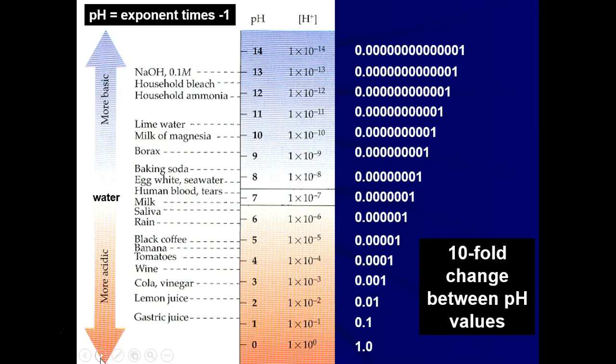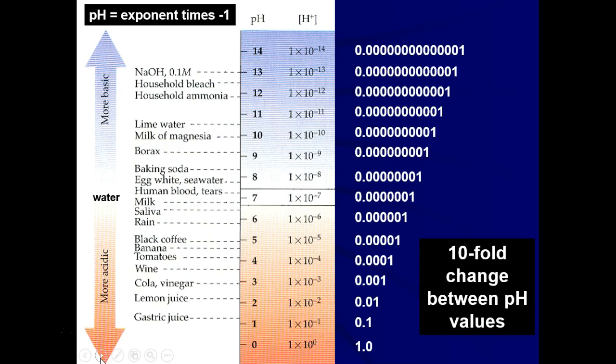Really simple. For example, if you have something that's a pH of 5, that would be 10 to the minus 5. If you have something that has a pH of, let's say, 1.5, what would be the concentration in moles per liter? Well, that's easy. That would just be 10 to the minus 1.5. So the pH is simply the exponent times minus 1. That just turns it into a whole number.